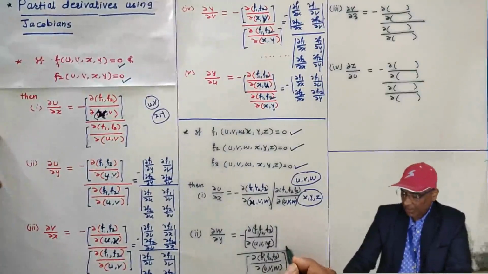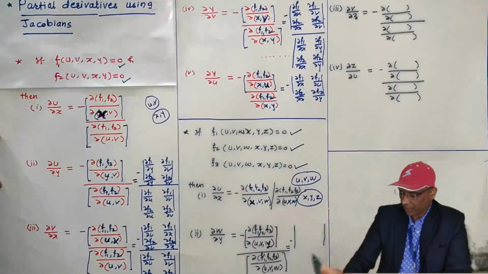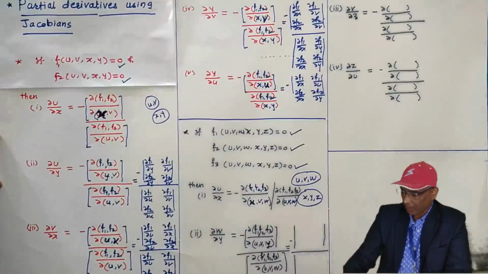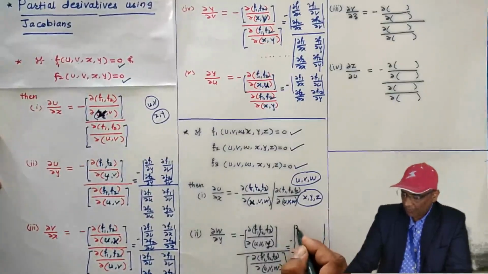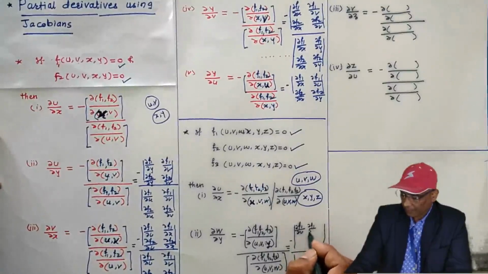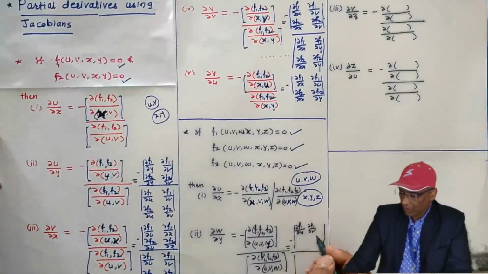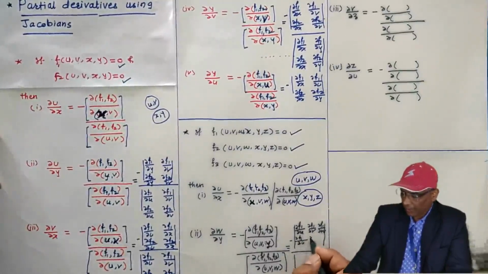Now this can be written as minus of, by definition. You know how to write it. First row for f1: del f1 by del u, del f1 by del v, del f1 by del w. We don't have sufficient space here, so in smaller font I am going to write f.